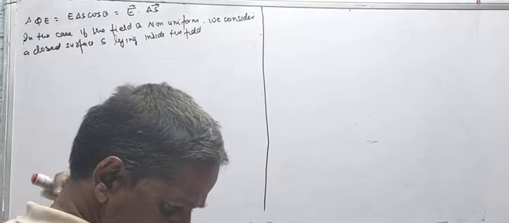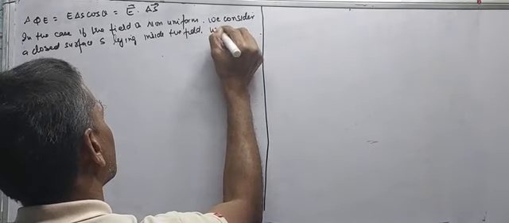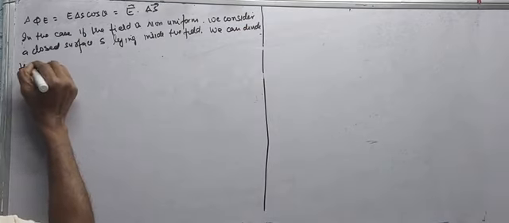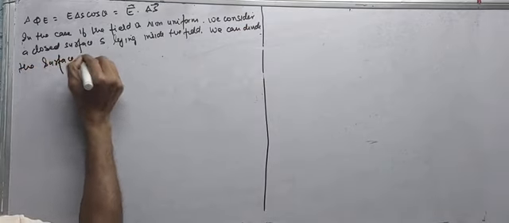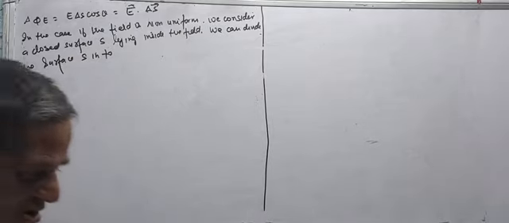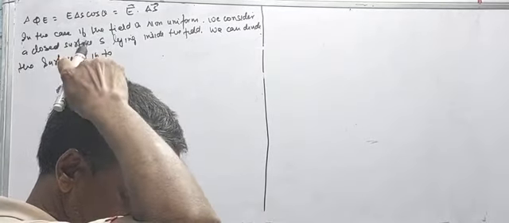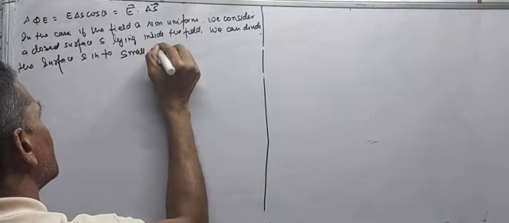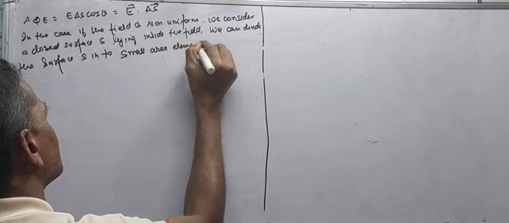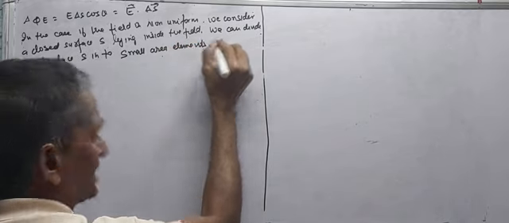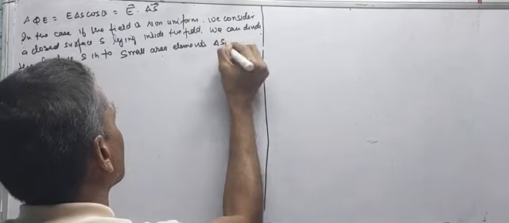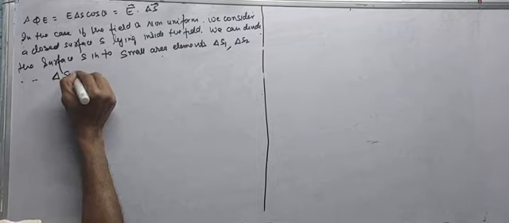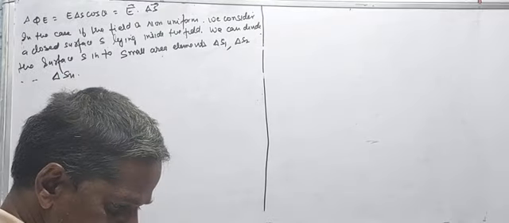We can divide the surface S into small area elements delta S1, delta S2, ..., delta Sn.